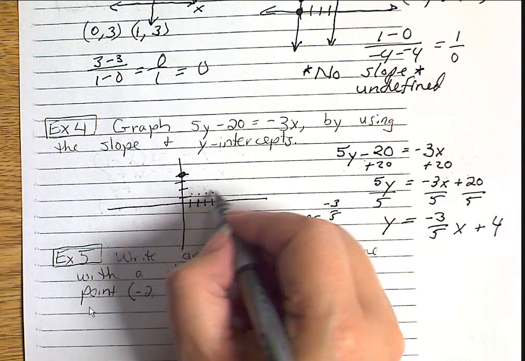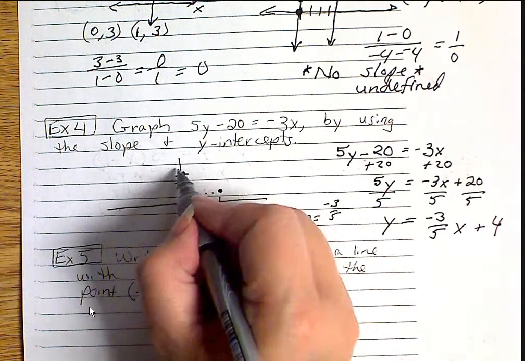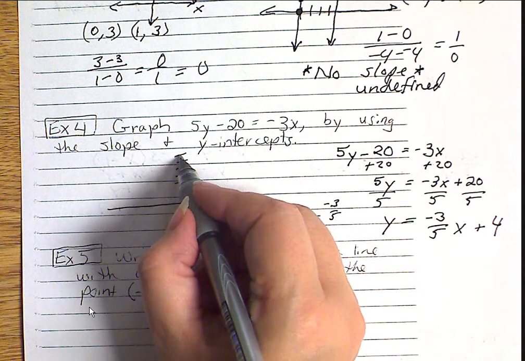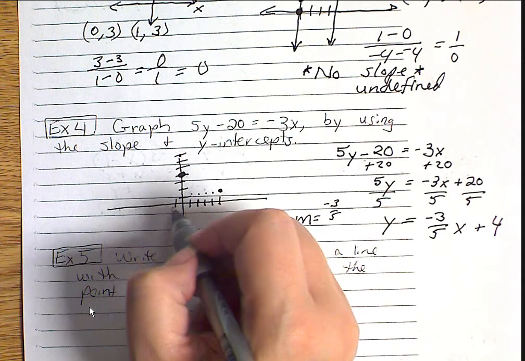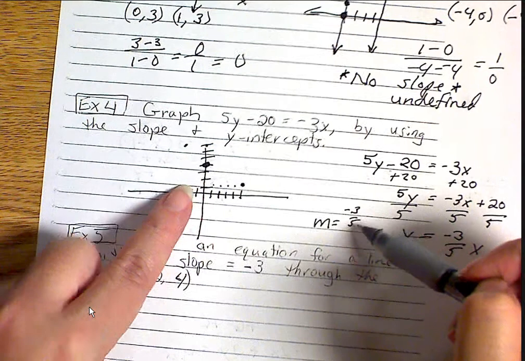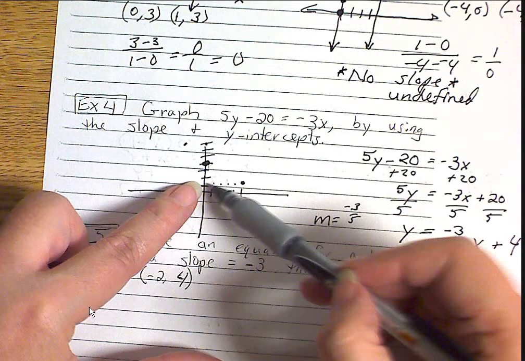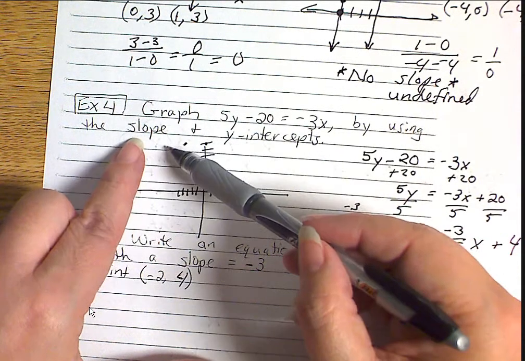If you wanted to go up 3, 1, 2, 3, I have to go to the right or left now then. Left 5. 1, 2, 3, 4, 5. Nope, because you went down 3 to get points. You go down 3 to the right 5, or if you go up, then you have to go that way. You always start at your intercept.